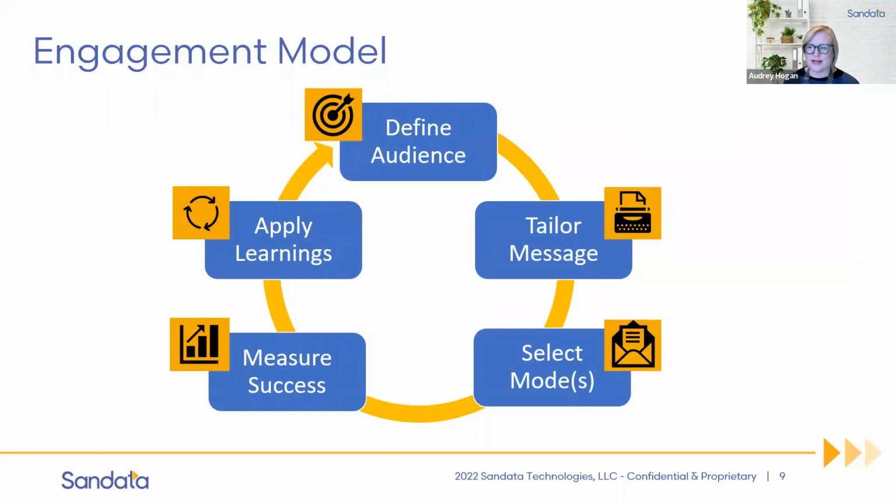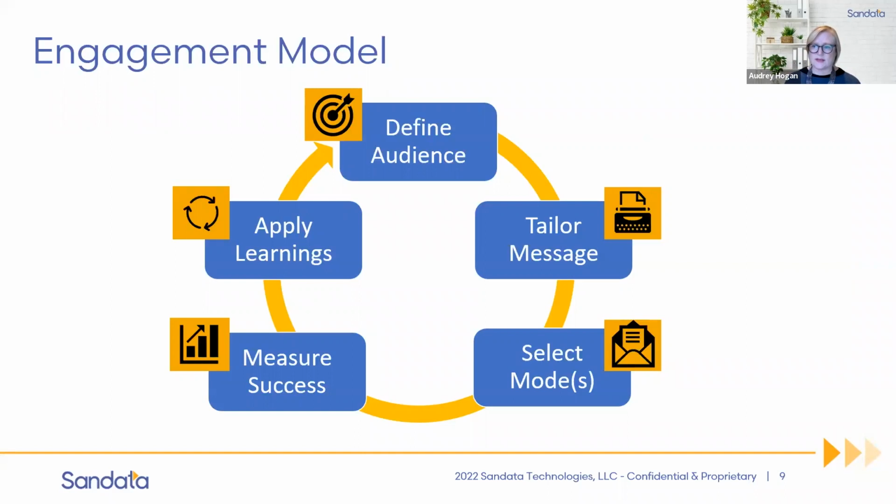This was our opportunities. This is how we were going to solve our problems, but this is our engagement model. Let's define our audience. Let's make sure we know who we're targeting and only outreach to people when they're the people who are impacted by a particular change. Let's look at the timing of it and make sure that we get it into the right hands at the right time.